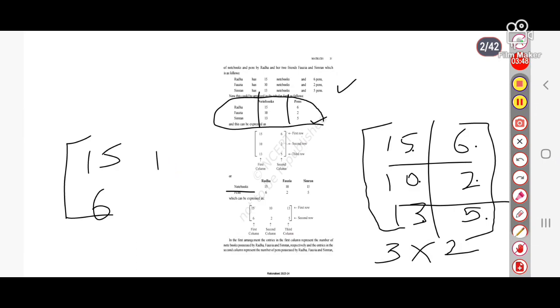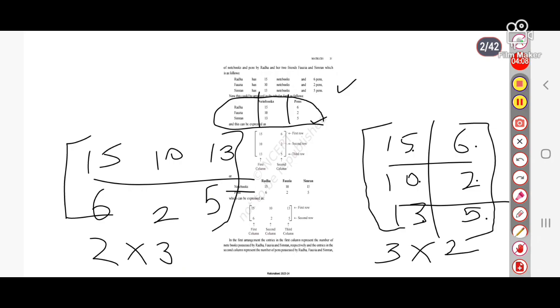15, 6, 10, 2, 13 and 5. With respect to whether the items are arranged in the horizontal way or the vertical way, the entire matrix will change. Now this will be 2 cross 3, right? 2 rows and 3 columns.